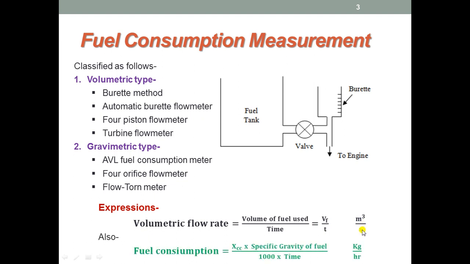This can also be written based on mass, that is fuel consumption is given by volume flow rate, taken as x cc, multiplied with specific gravity of the fuel over 1000 multiplied with time, which will give fuel consumption rate in kg per hour. And this is how fuel consumption measurement is made based on a simple burette method.